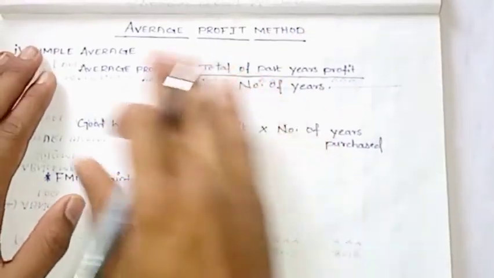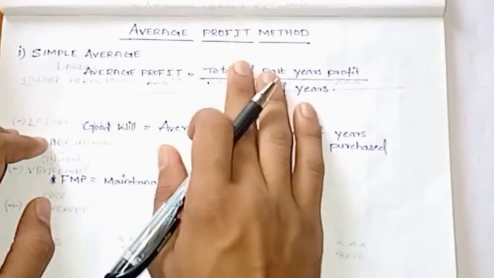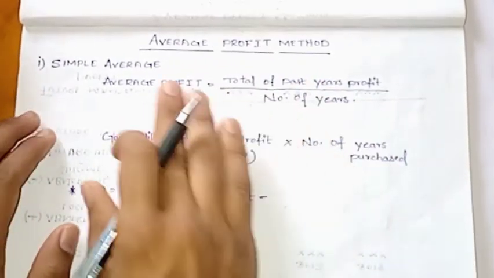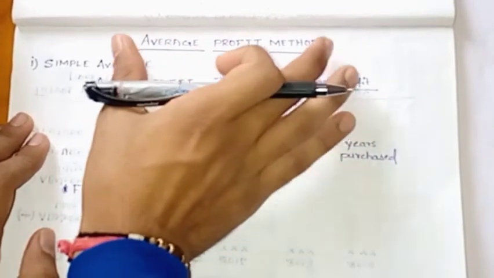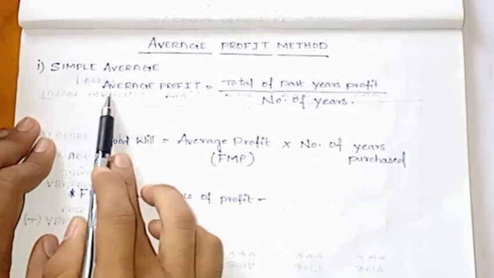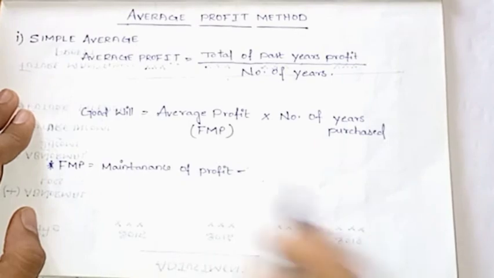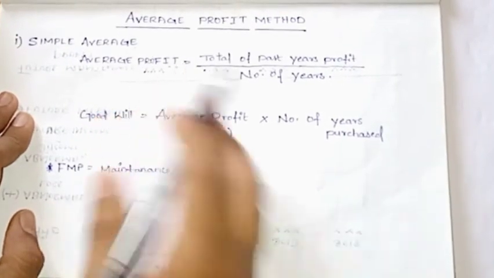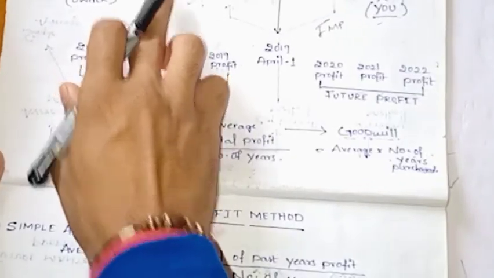So now here are the formulas of the average profit method. See how we are going to calculate the goodwill with the average profit method. See, first you have to calculate the average profit, okay. It is called future maintainable profit. So how much profit the business will earn in the future, that we have to calculate here.